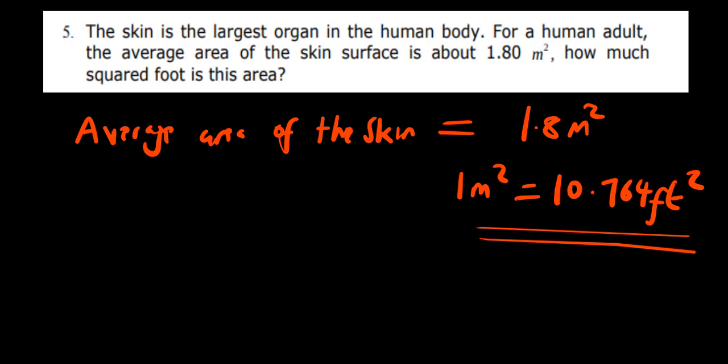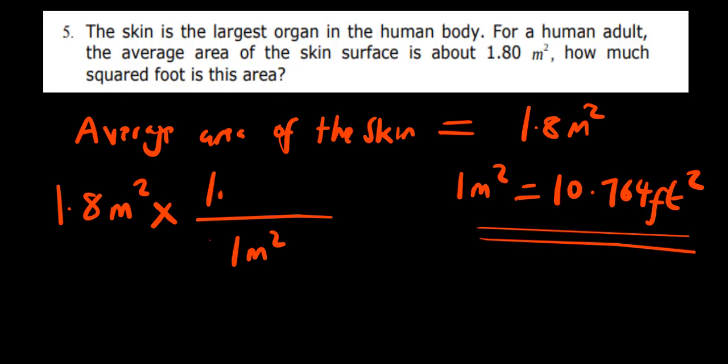Now we're saying the skin of this person, they've given us, is 1.8 meters squared. So we're just multiplying this, because we want to convert it to feet squared. We're going to get our conversion unit, which is, we're saying 1 meter squared is equivalent to 10.764 feet squared.